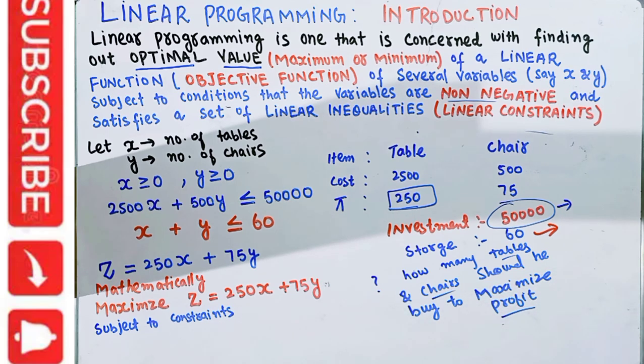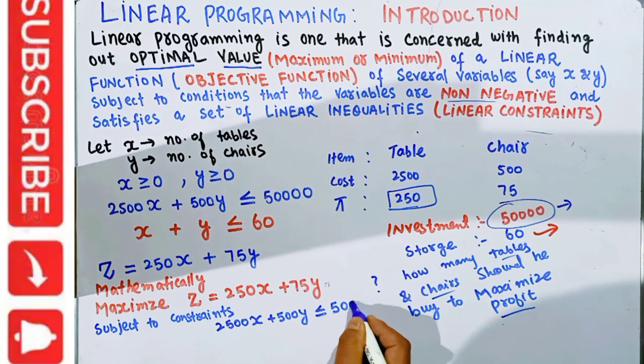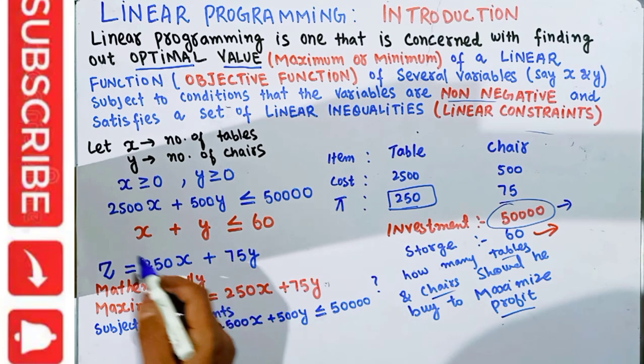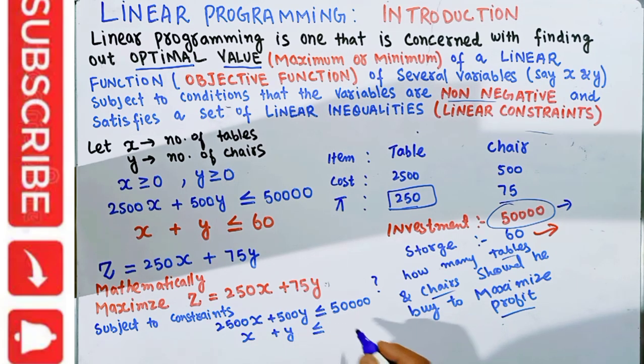What are the constraints this dealer faces? 2500x plus 500y should be less than or equal to 50,000. Another constraint is x plus y should be less than or equal to 60. These are the linear constraints. And lastly, x should be greater than or equal to 0 and y should also be greater than or equal to 0.